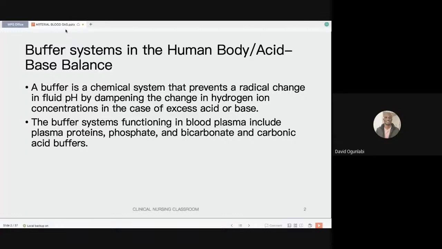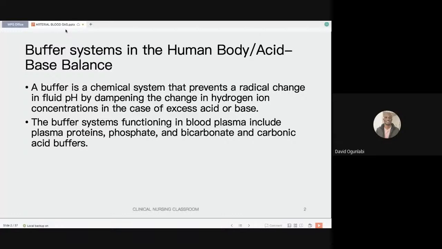So the body has developed a mechanism by which a balance can be achieved, so that when the body is trying to go towards a high level, it will be dampened and brought low to the normal level. Then if it wants to go downward, it will be brought to the normal level. So that is what a buffer system is all about.